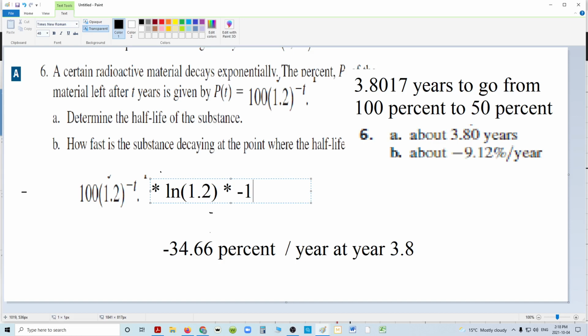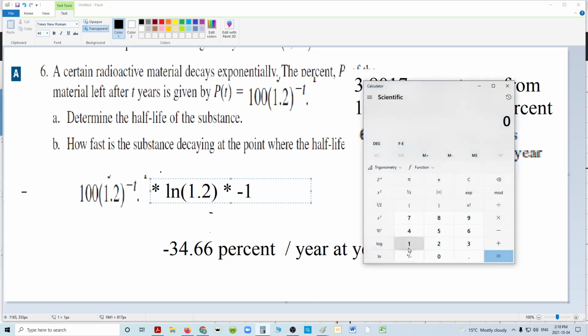Maybe they just want the percentage at that point. So 1.2 to the power of negative 3.8 times 100, times, oh, was I taking ln of 2?